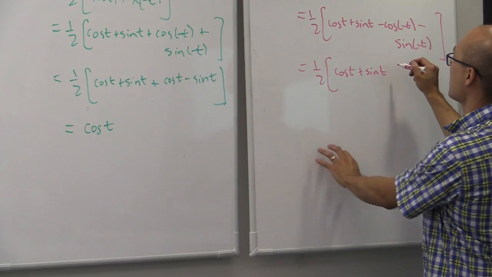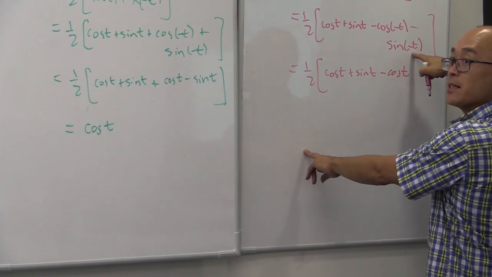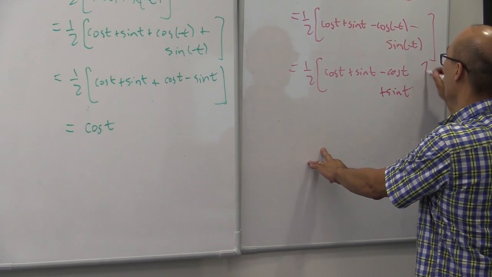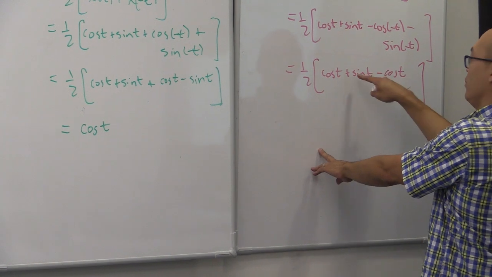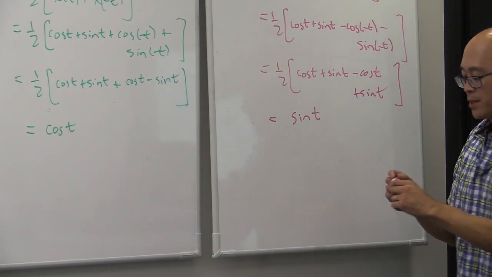Cosine of minus t again is cosine t, so I have minus cosine t. And sine of minus t is minus sine t, so minus sine of minus t is plus sine t. So the cosine terms vanish. I'll be left with 2 sine t, half of that. So I'm left finally with sine of t.